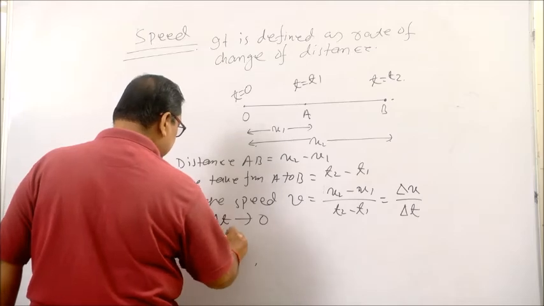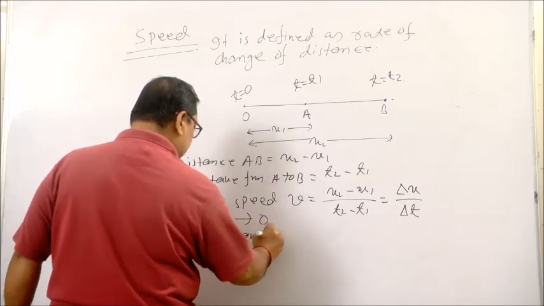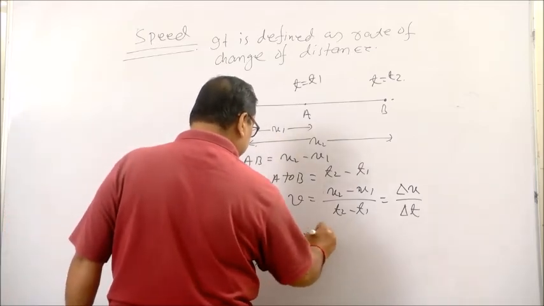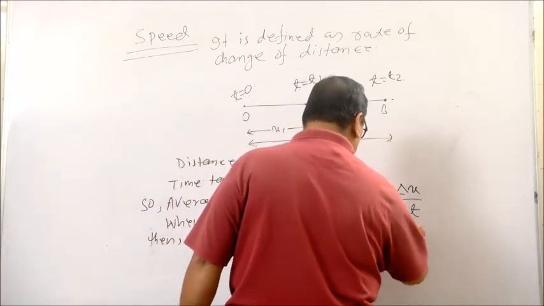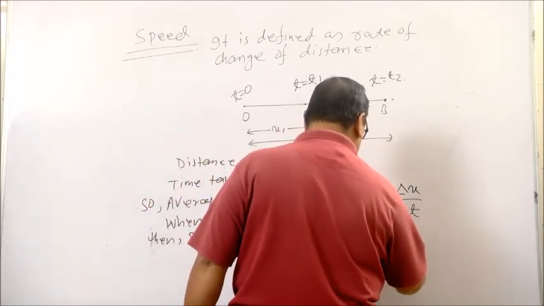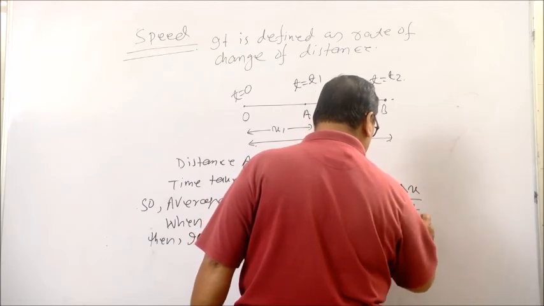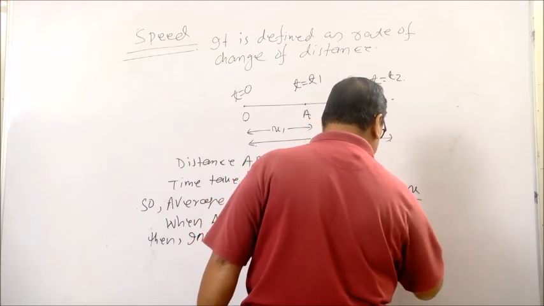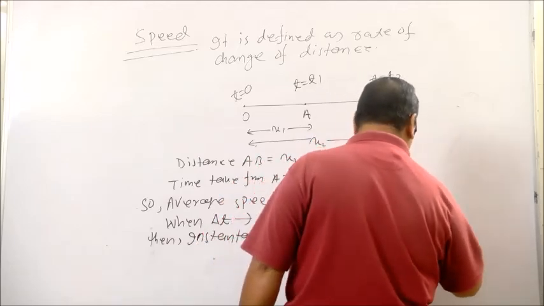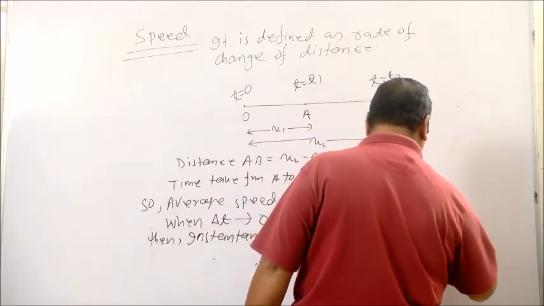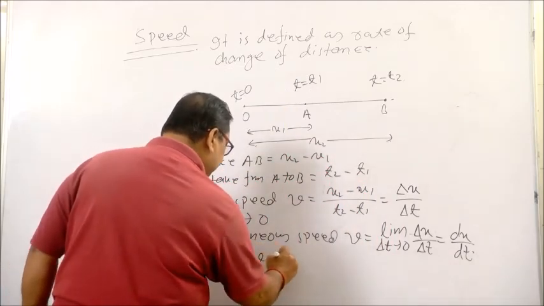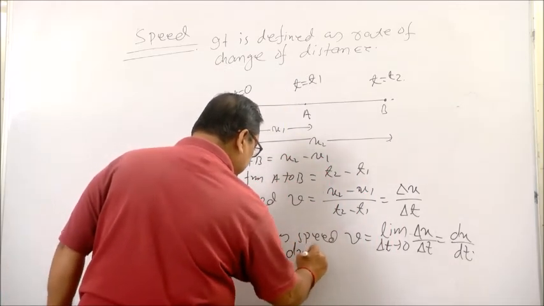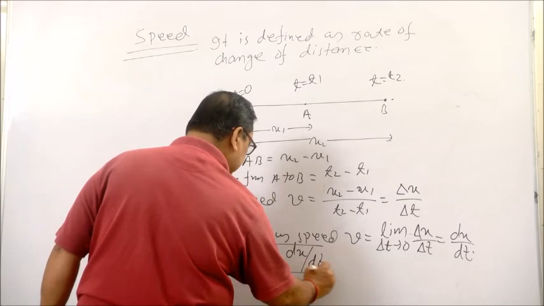Then instantaneous speed v equal to limit delta t tends to 0 of delta x by delta t equal to dx by dt. So the final mathematical speed v equal to dx by dt.